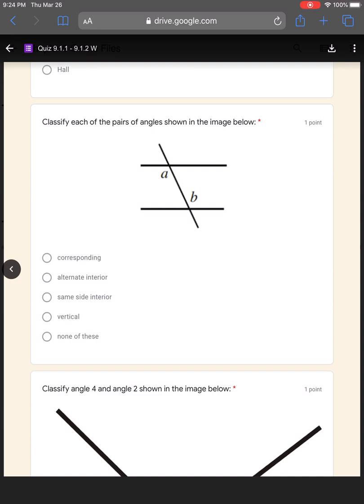So we are looking at angle A as well as angle B. What type of angle pair do we have here? Corresponding, alternate interior, same side interior, vertical, or none of these? Remember, alternate means opposite and interior means inside.